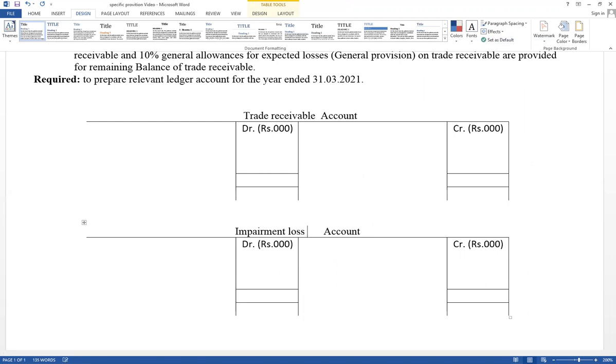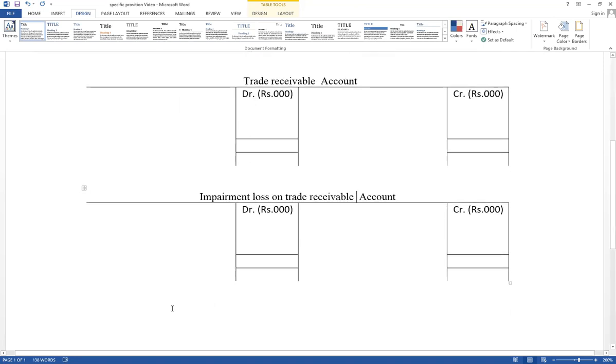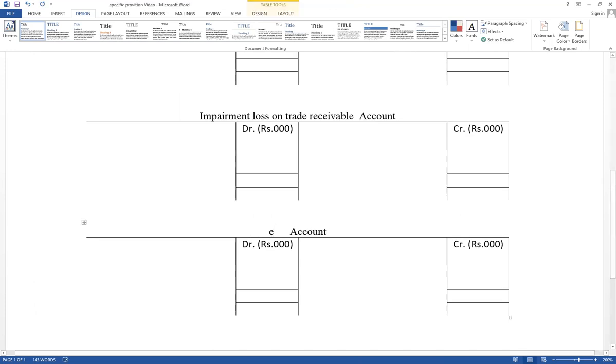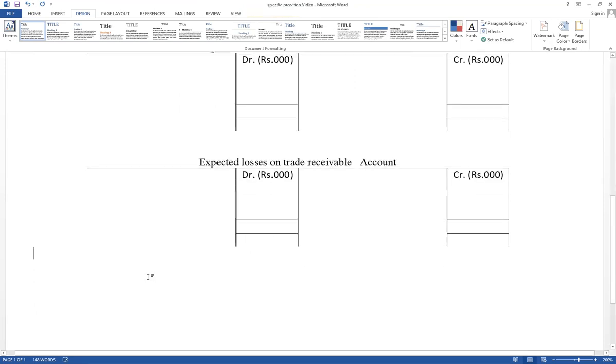Next one, expected losses on trade receivable. Expected losses on trade receivable as well as allowances for expected losses on trade receivable.